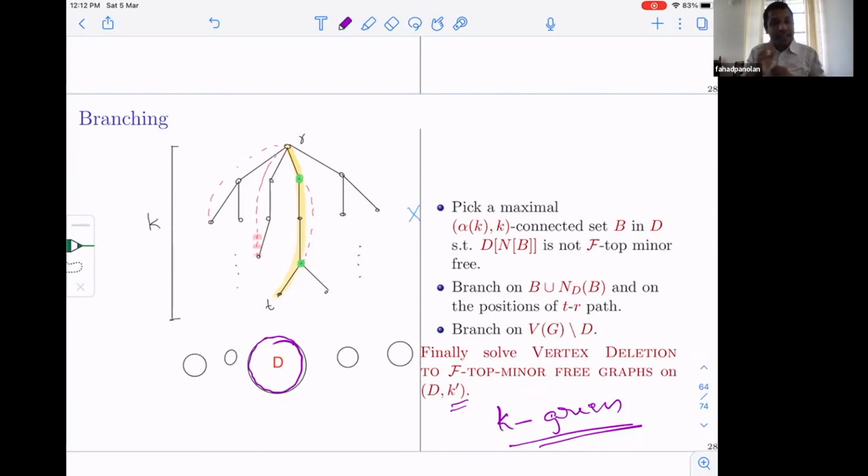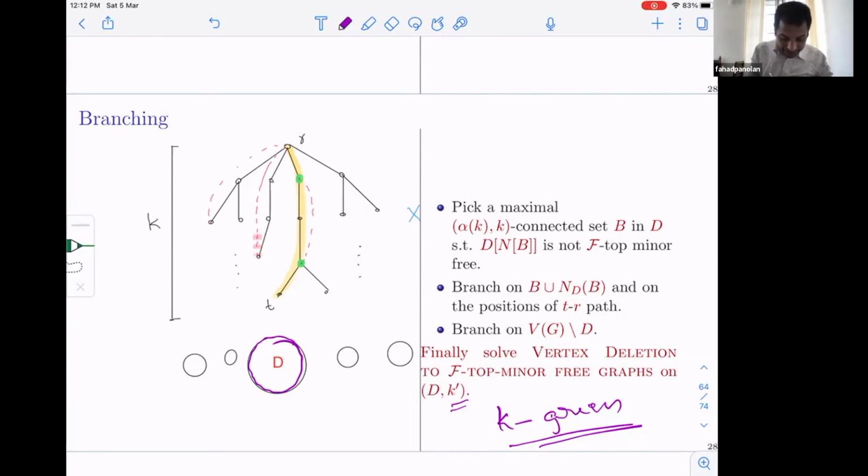Now, why is that correct? Because we branched on all the connected sets of small size which are not F topological minor free, and for all the small components outside this part which have a graph from F as a topological minor, there will be a connected set which is not F topological minor free, and using that we can prove the reverse direction.